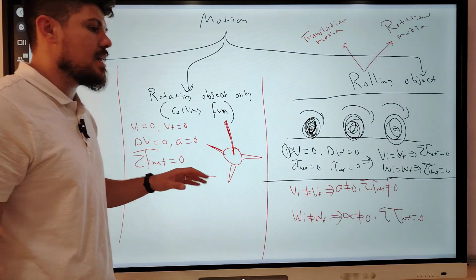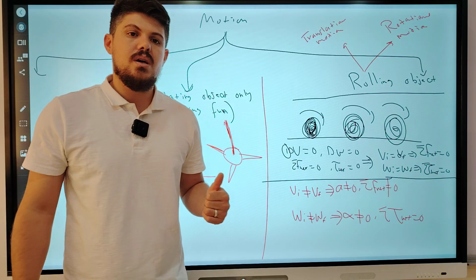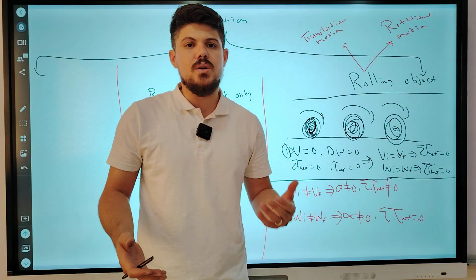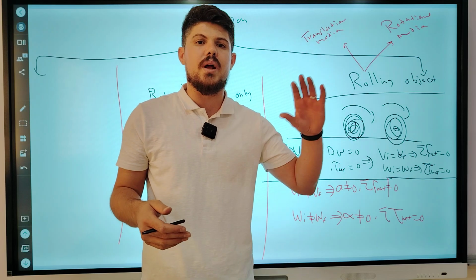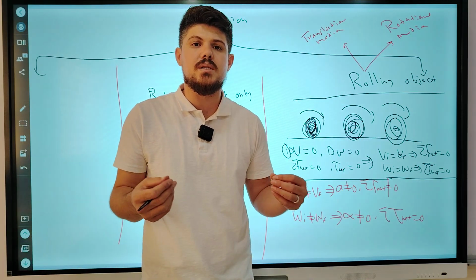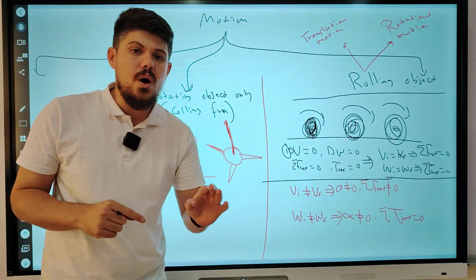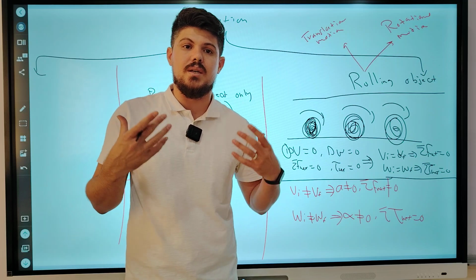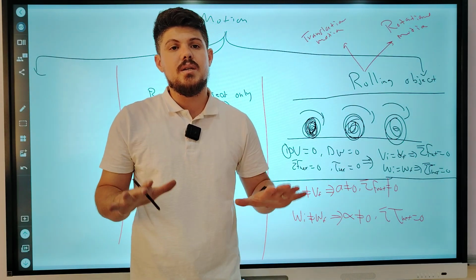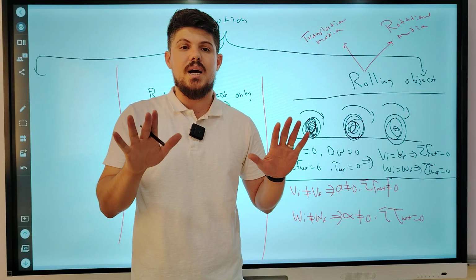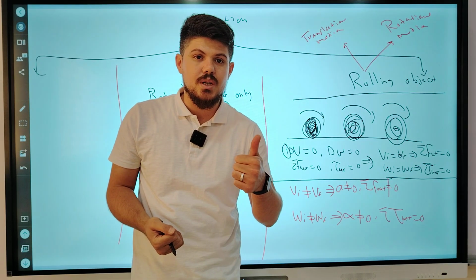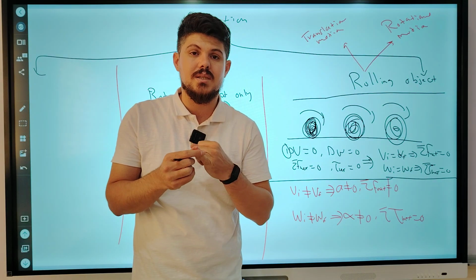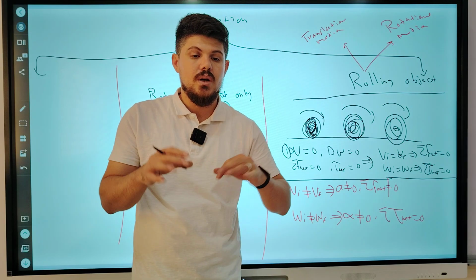So we can say that whether the ceiling fan is rotating or not, in the case of speeding up, slowing down, more angular speed, less angular speed, in all cases, an object that has only rotational motion has translational equilibrium.